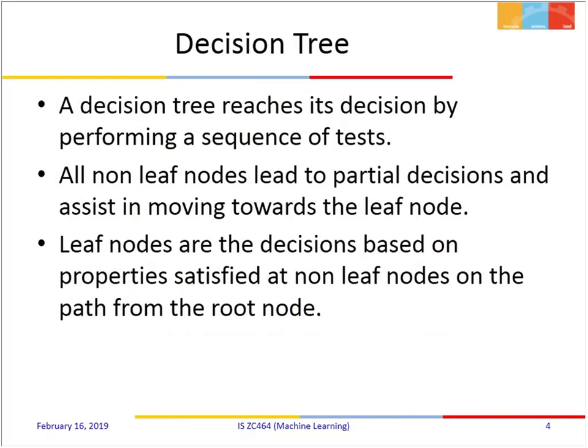So a decision tree reaches its decision by performing a sequence of tests. We represent each test as a node of a tree, and all non-leaf nodes lead to partial decisions and assist in moving towards the leaf node.